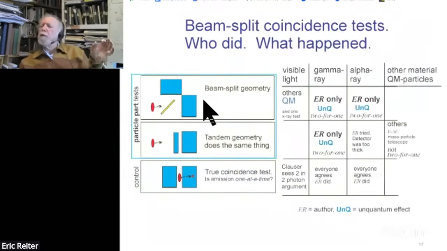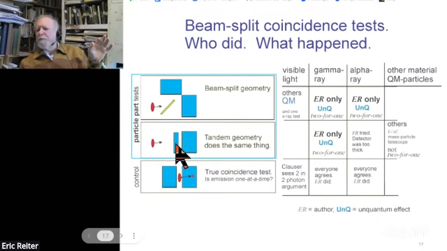So who did these experiments? First, there's a few different geometries that can be used. There's the beam split geometry, and there's a thin detector in front of a thick detector. That does the same thing. The thin detector is performing the function of tapping off some of the energy like the beam splitter and then detecting it.